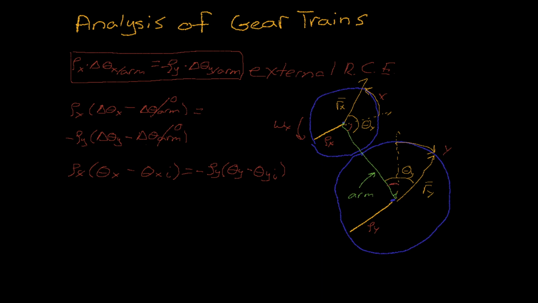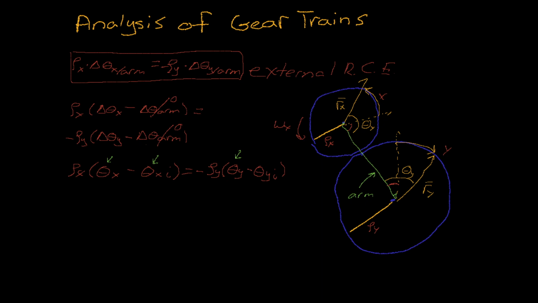And let's just take a second to see what this equation is telling us. Basically, theta x depends on the value of the initial position of theta x as well as the value of theta y. And in most applications for gearboxes and transmissions, we don't really care about the positions of gears.